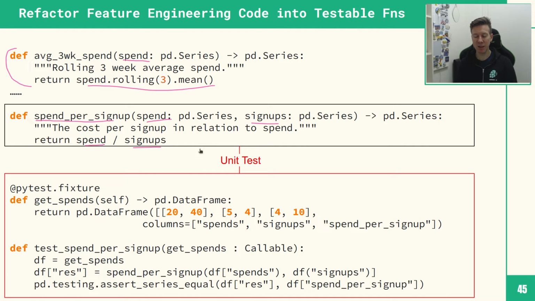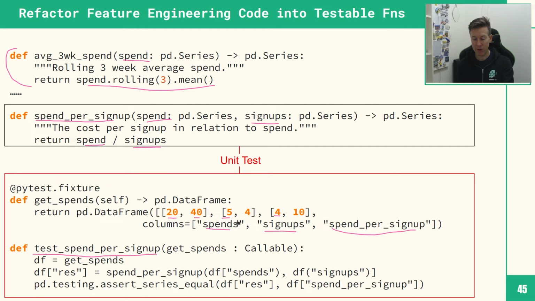So we can test this function, spend per signup, by defining a unit test. Here we define one called test_spend_per_signup. It takes in 3 different columns. You can see here we have the spends, the signups, and then the expected spend per signup. So we pass in spends of 20, we have signups 5, so we'd expect that the spend per signup will be on average 4, so 20 divided by 5.